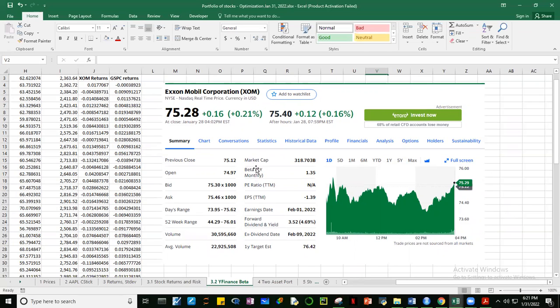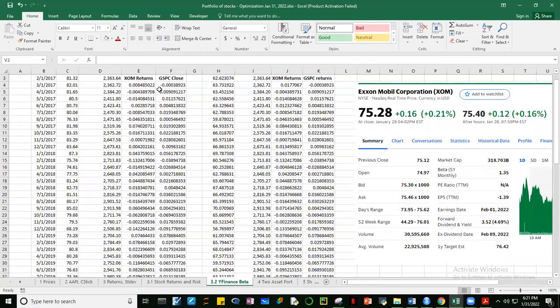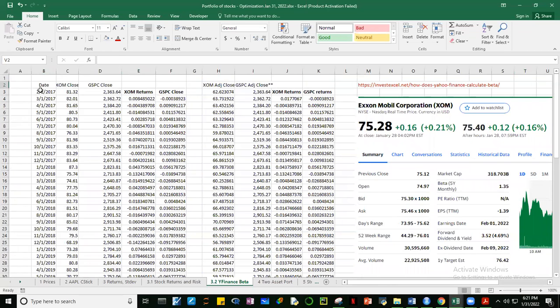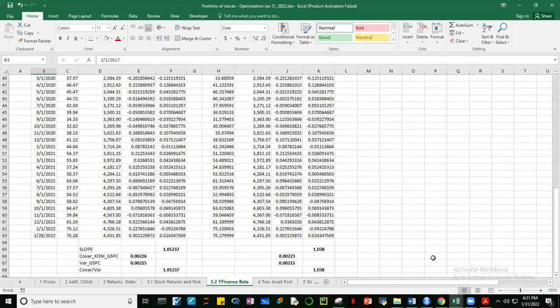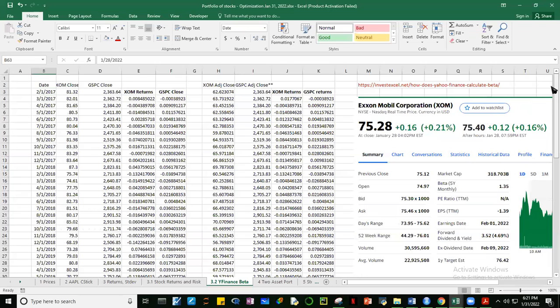Now, what I did was I downloaded yung 5 years na monthly. Ito yun. So it's from February 1, 2017 hanggang December 28, 2022. So that's a 5-year monthly data. Okay?